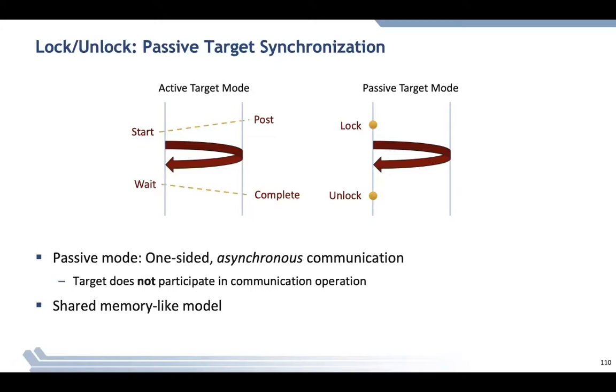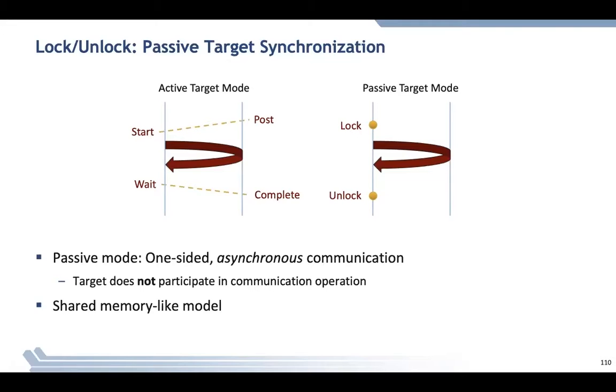This synchronization method is called passive target synchronization, because the target is completely passive in this operation. It does not call any data transfer function, and it does not call any synchronization function. The synchronization is all called on the origin side via the lock and unlock operations.